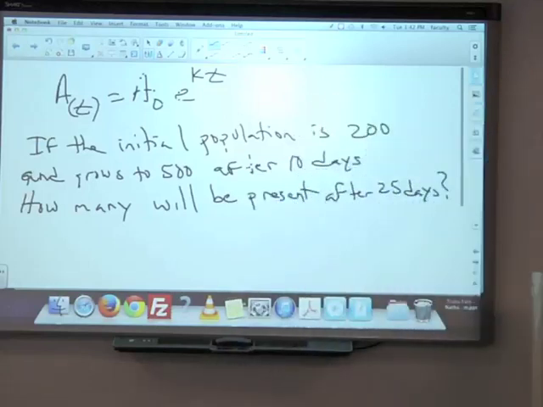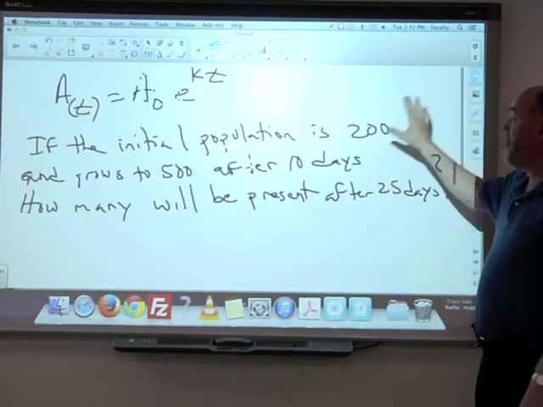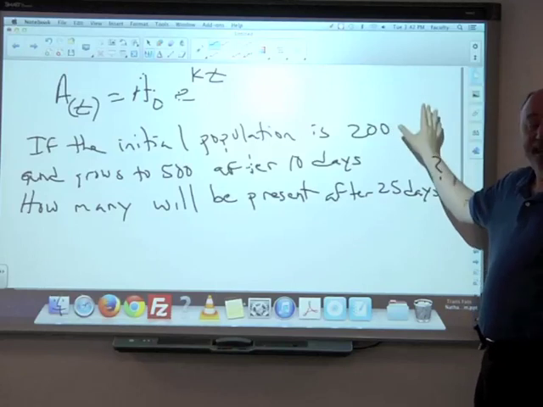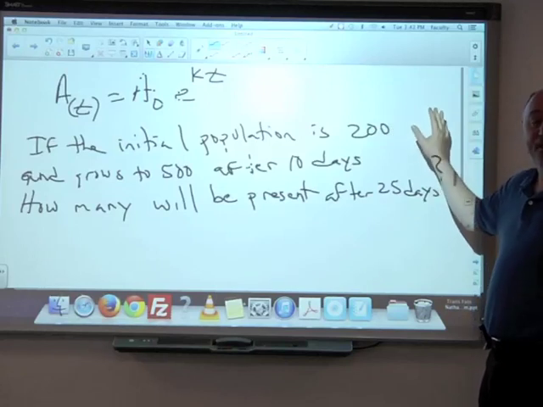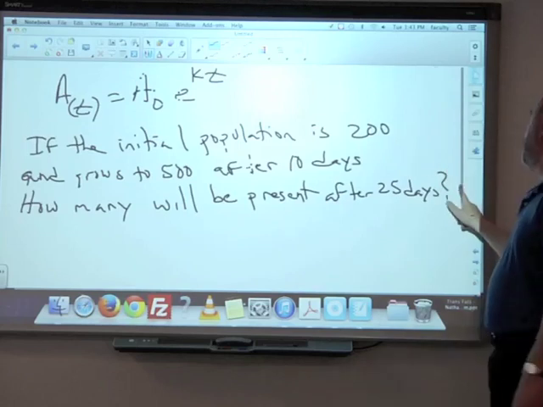And again, if it's rate of growth, k is positive. If it's rate of decay, k is negative. Right? So really, there is a two-step process. I take the first bit of information, find k. Once I know k, I can actually answer the question that they want.